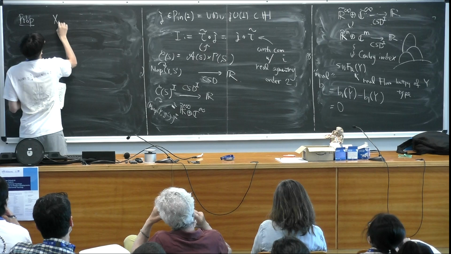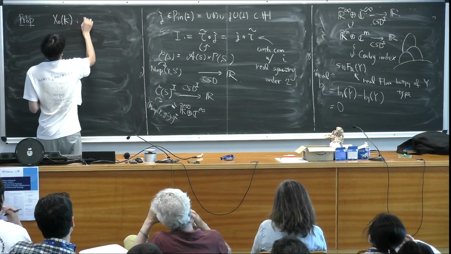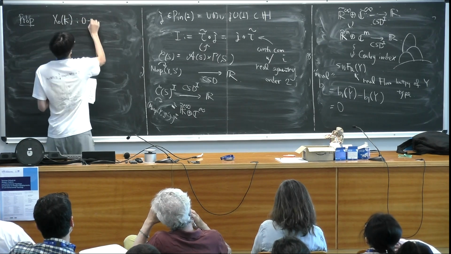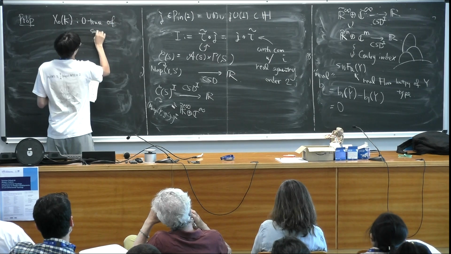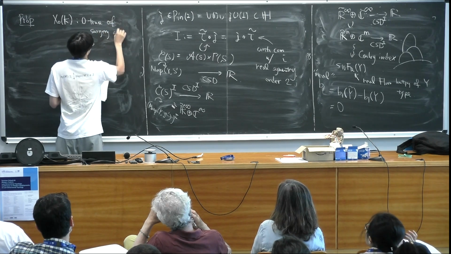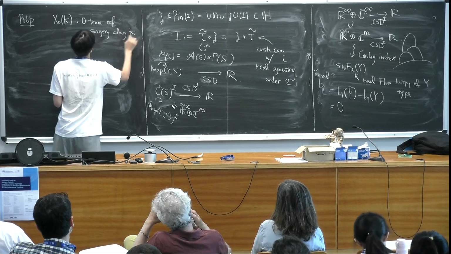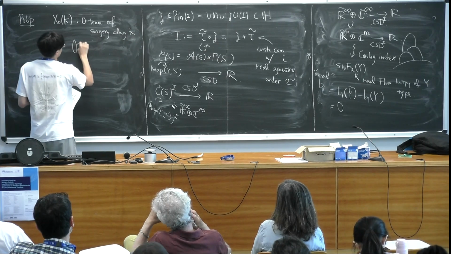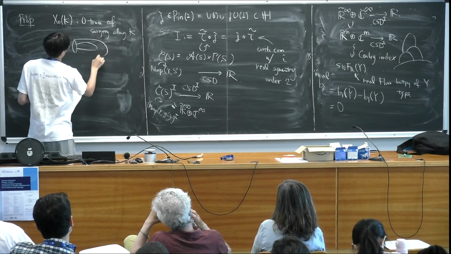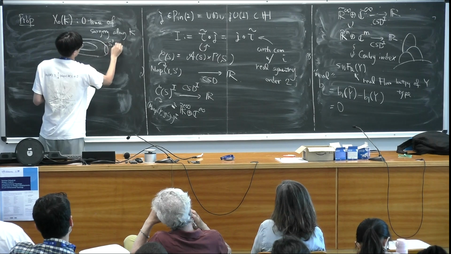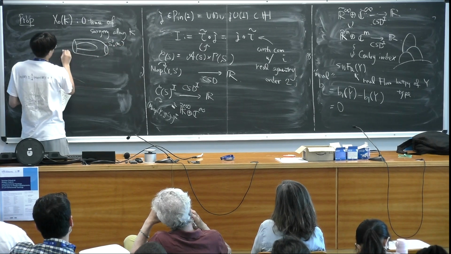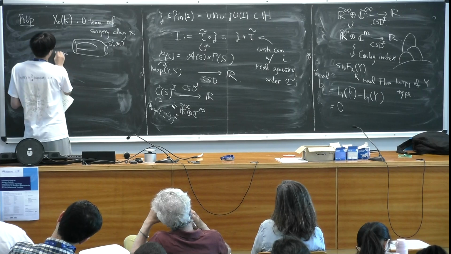Let me write X0(K) for the zero trace of surgery along K. This is like attaching a handle like this, and on this side I get zero surgery, and on this side I have just K in S3.